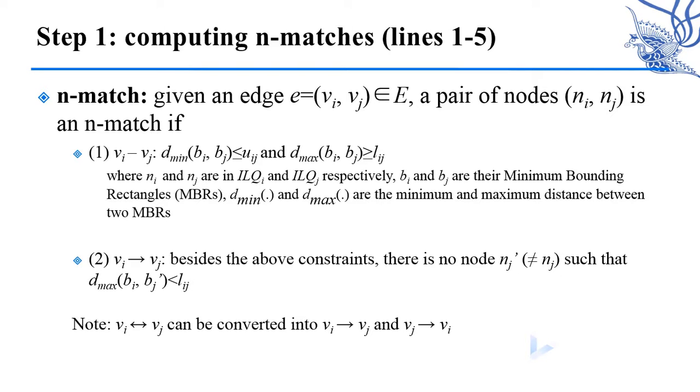For example, for a mutually inclusive edge, if the minimum distance between the minimum bounding rectangles of two nodes is not larger than the upper bound, and the maximum distance between them is not smaller than the lower bound, the pair of nodes is an n-match. Note that a mutually exclusive edge can be converted into two exclusive edges.